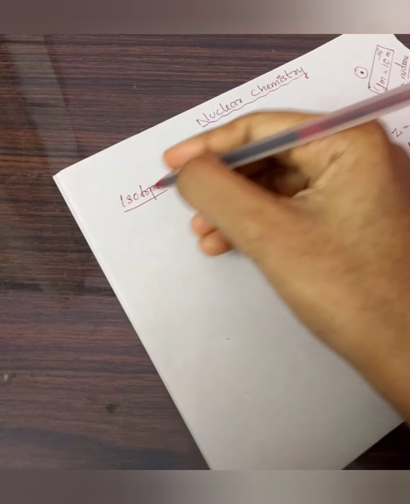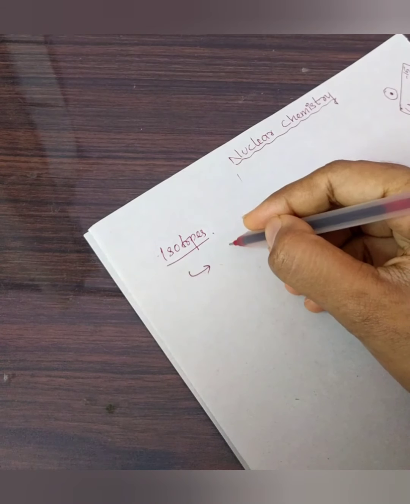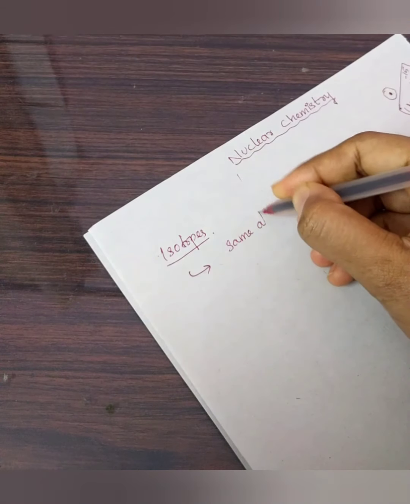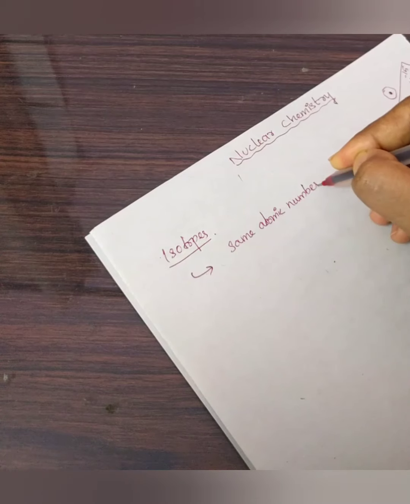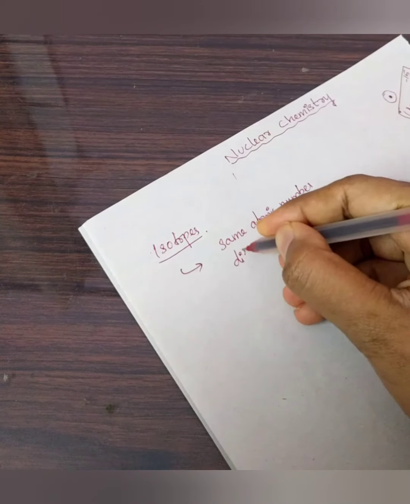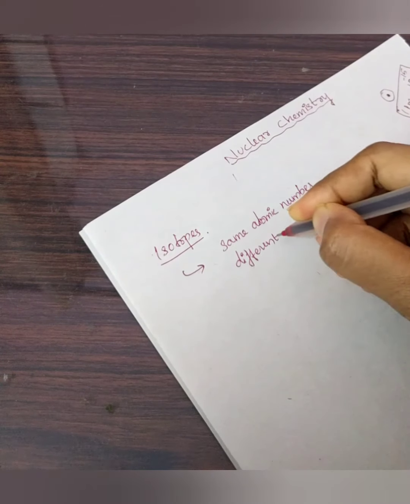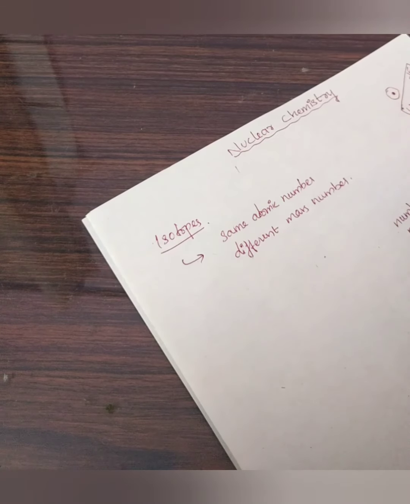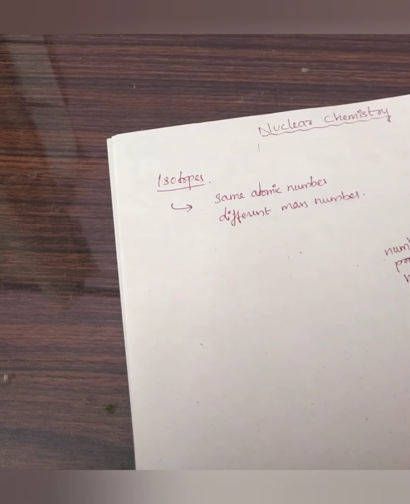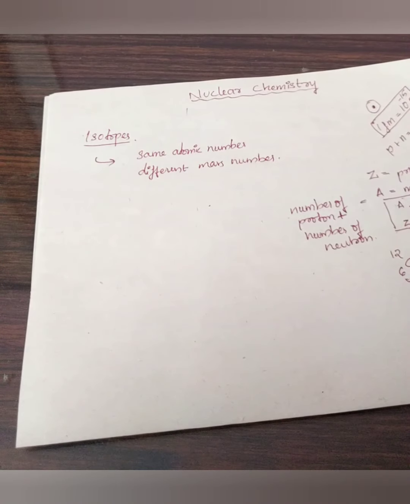Isotopes are nuclides that have the same atomic number but different mass number. Since isotopes have the same atomic number, as we discussed previously, that means they have the same number of protons.